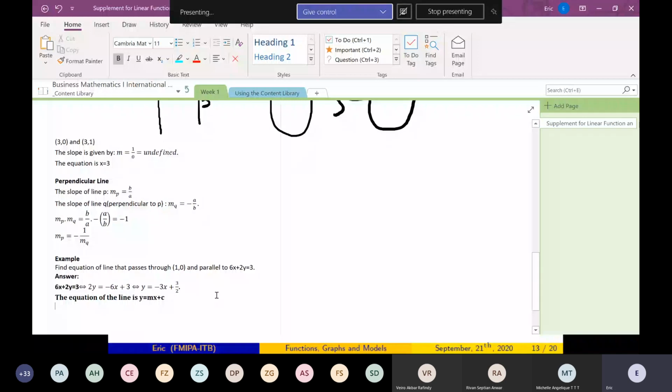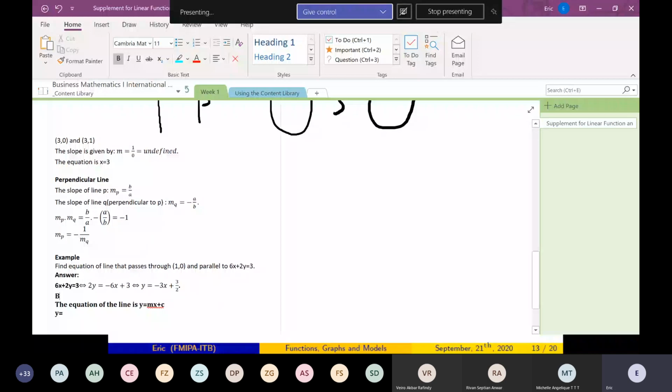So you have y equals, remember, because it is a parallel line, the slope of the line we are looking for is, what is the slope?